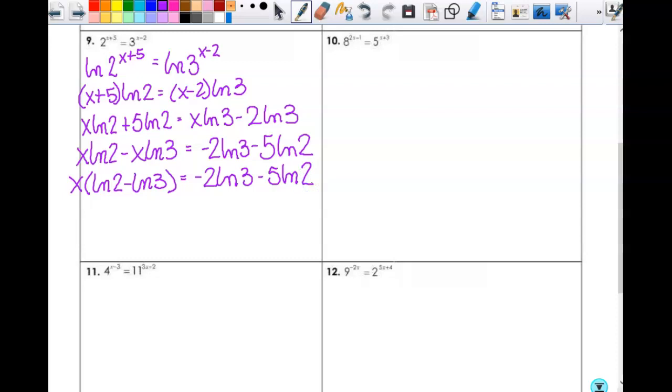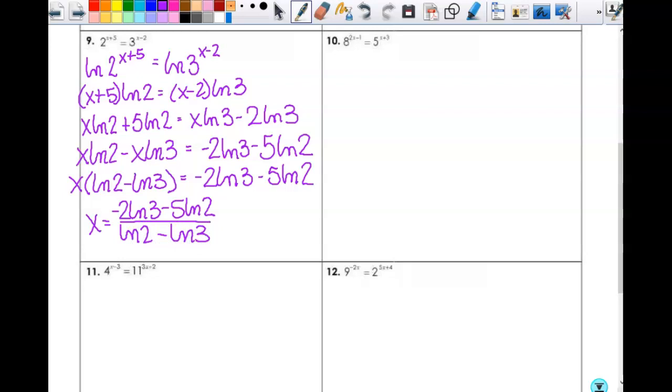Then what do I do? Divide. Now I divide. So I get x equals negative 2 natural log of 3 minus 5 natural log of 2 over natural log of 2 minus the natural log of 3. Anything I can cancel out here?